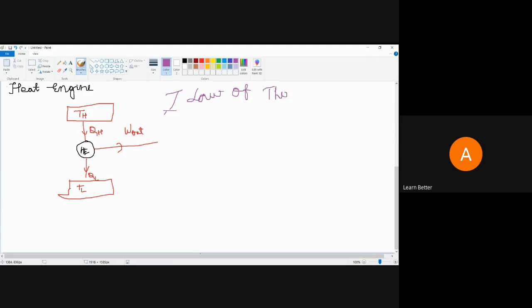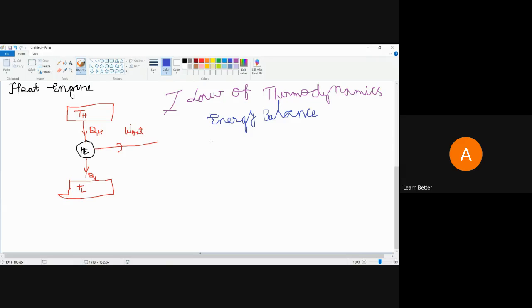Thermodynamics, energy conservation. If we do the energy balance, we can find the first law equation for this heat engine. So we are going to do the energy balance. When you see the energy balance, what is the input to the heat engine?